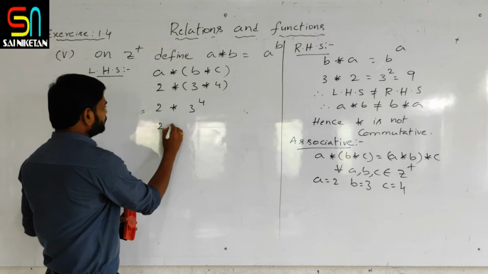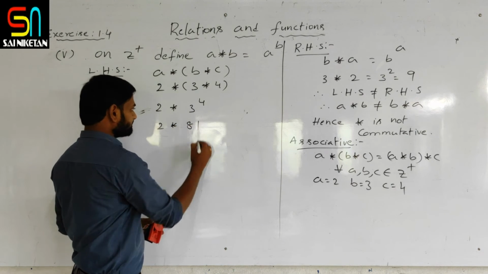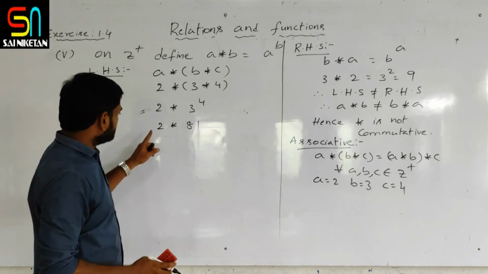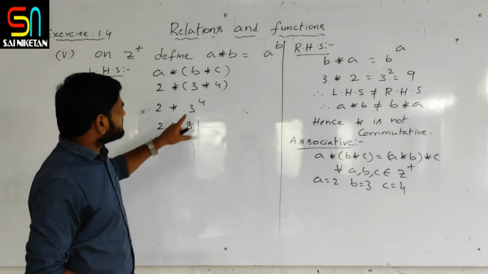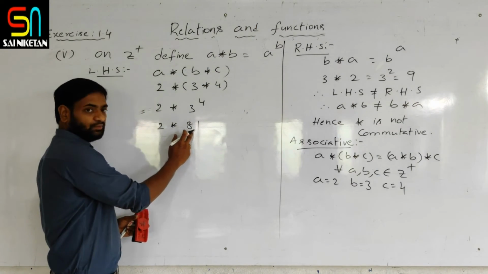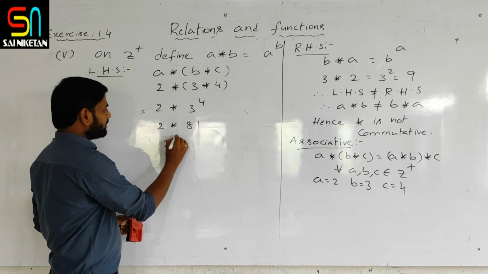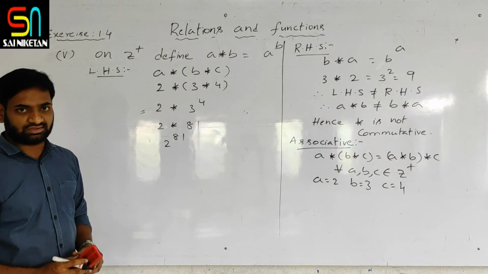Now it is 2 star 81, again in the form of A star B, which means A power B. That is 2 power 81. This is the LHS answer.